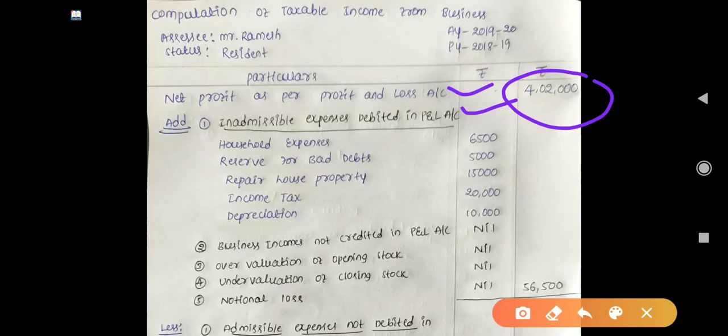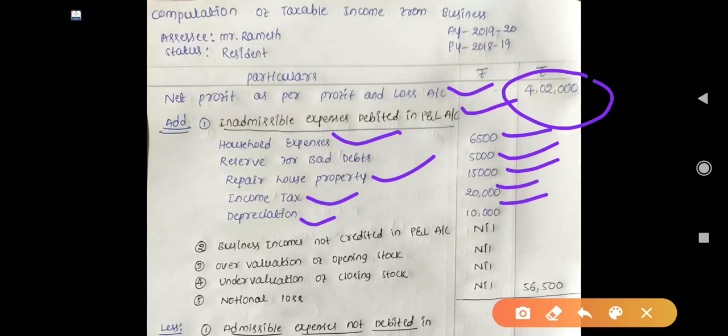So that is called inadmissible. As explained in the question: household expenses 6,500, reserve for bad debts 5,000 rupees, repair of house property 15,000 rupees, income tax 20,000 rupees, and depreciation 10,000 rupees. All of it is given under the debit side of the profit and loss account. Whatever inadmissible items were on the debit side, we have put the full amount here.